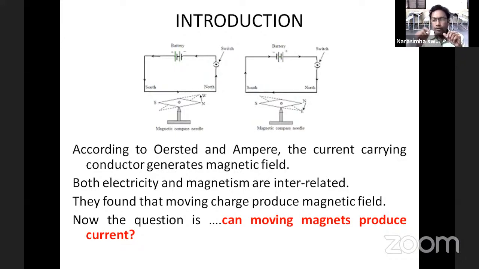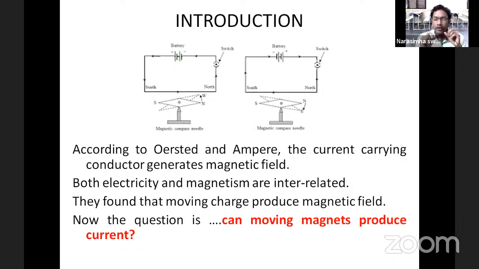A moving charge produces a magnetic field, then vice versa: if the magnetic field is changed, meaning if the magnets are moving, can they produce current? This is the key topic that we are discussing in this chapter, that is electromagnetic induction.